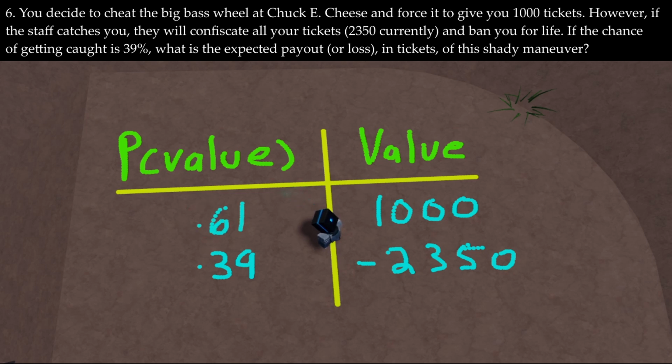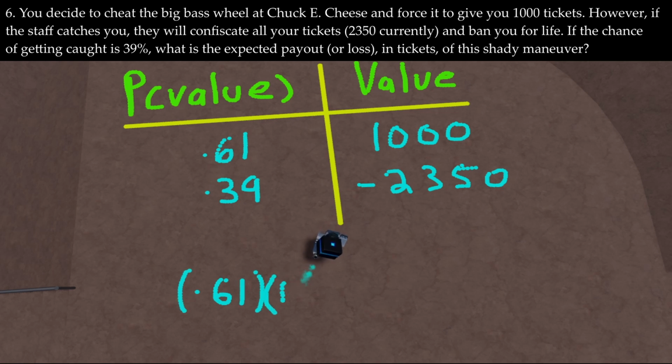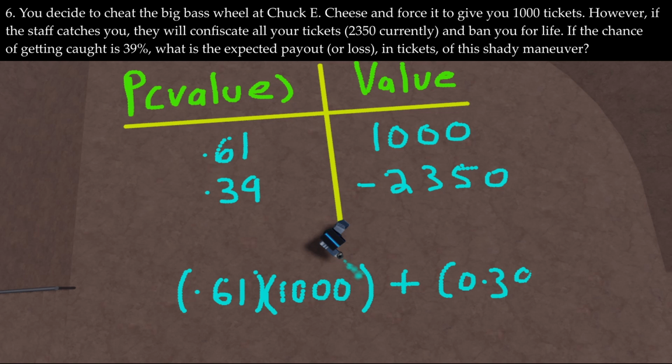And now all we need to do is multiply the probabilities by the values and then sum up all the results. So let me go down here and do that. We have a 0.61 or 61% chance of winning 1,000 tickets. So 0.61 times 1,000. And then we have a 39% chance of getting caught, and this will cause us to lose 2,350 tickets.